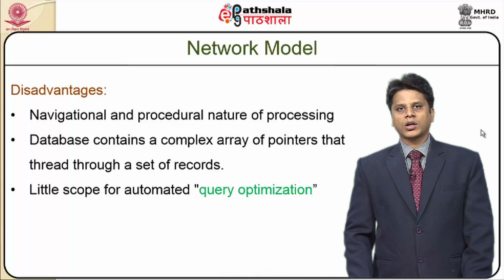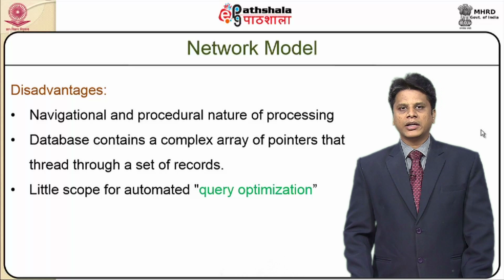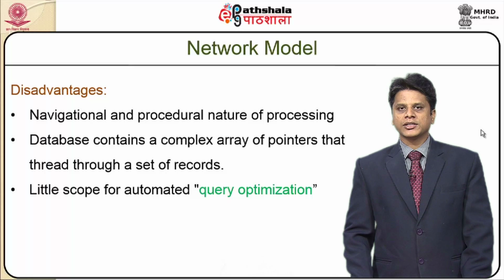At a later point in time we will read about what query optimization would mean, but optimization is generally to reduce the time cost while maintaining the quality of the entire product. But this network model reduces the complete scope towards development of optimized queries.